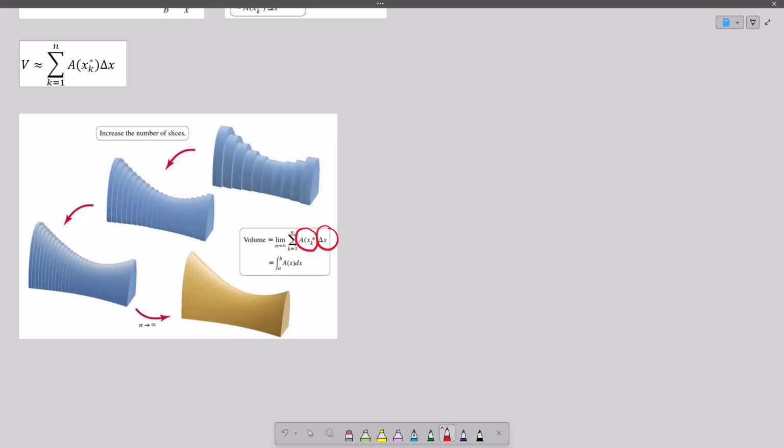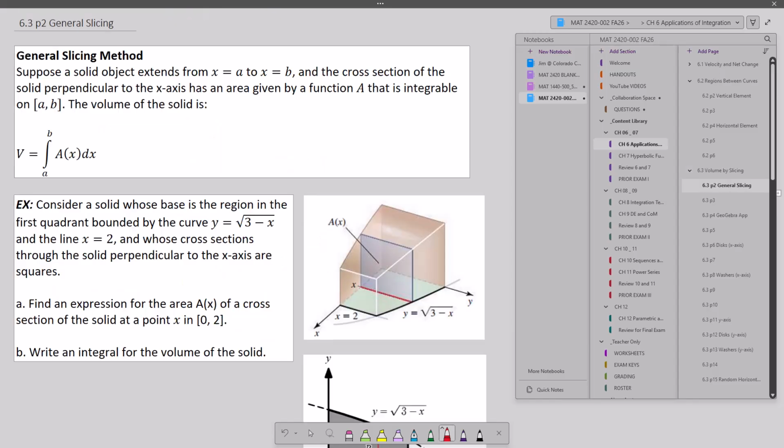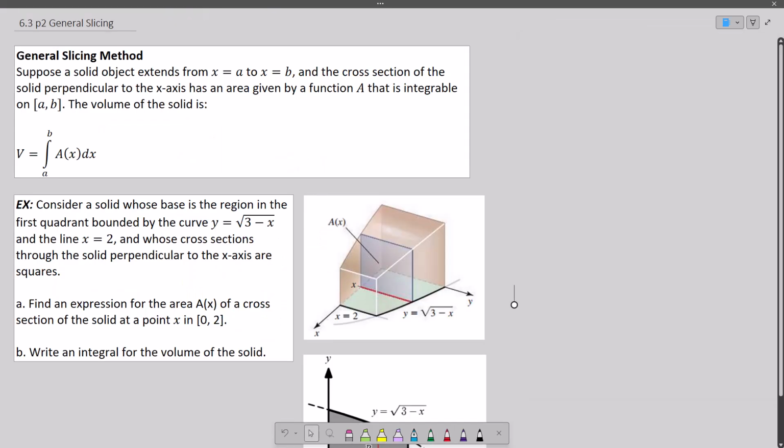So that integral right there is going to find our volume. That integral says that if we integrate the area function, and by area in this context we mean cross-sectional area, if we integrate the cross-sectional area, we will get the volume. Now that cross-sectional area has to be a continuous function, and it's got to be integrable.